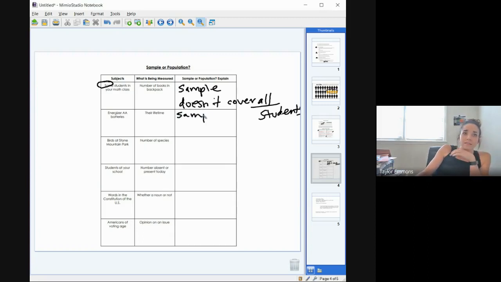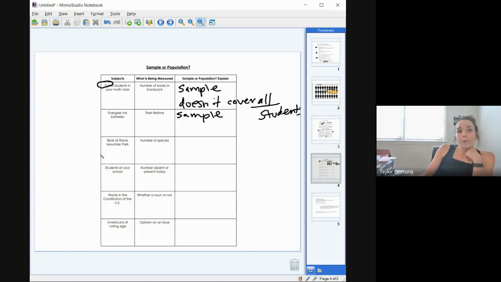And I will say this, the first time I looked at this, I did think it was a population, but then I thought about it. If it was the population, then we wouldn't have any AA batteries left after we used them. If we measured their lifetime, obviously we would spend the energy that's inside them, right? So that means that we wouldn't have any more AA batteries in the world to use. So this is a sample.